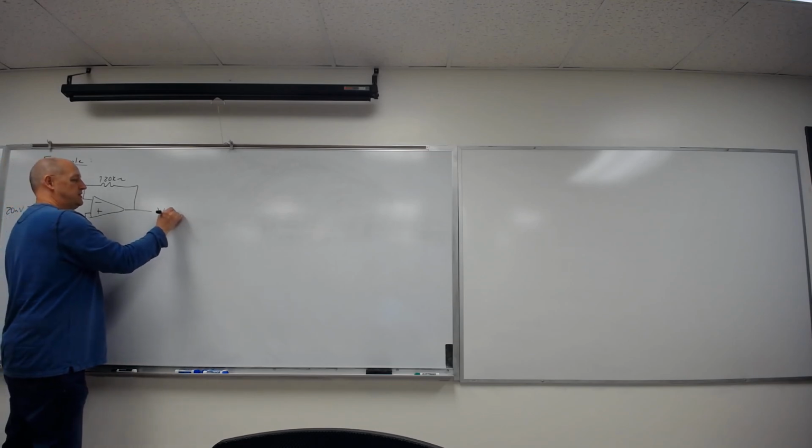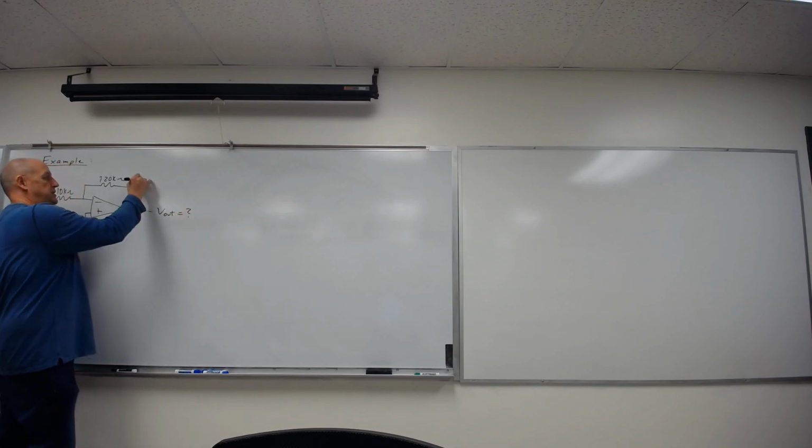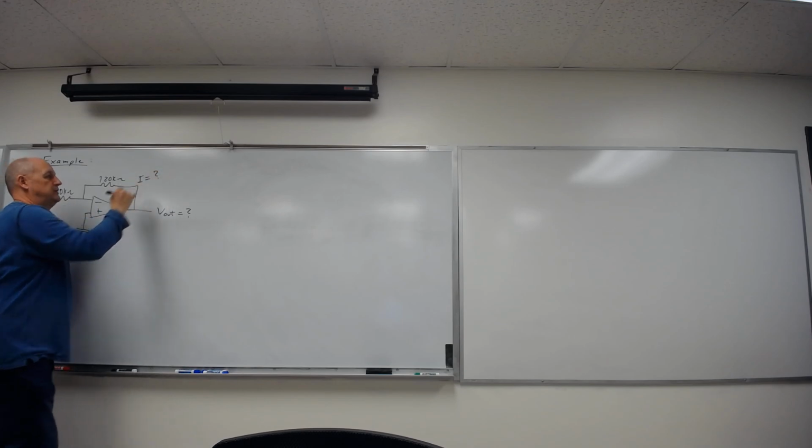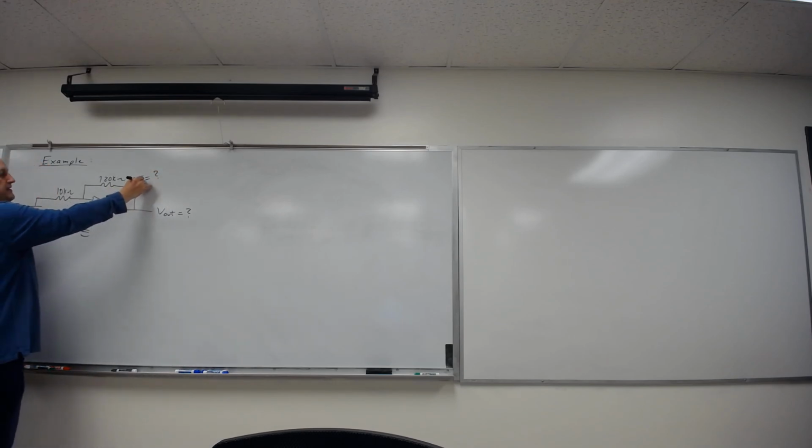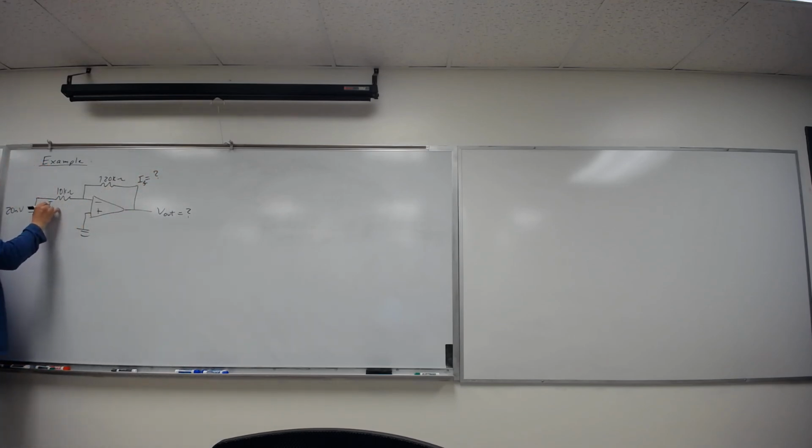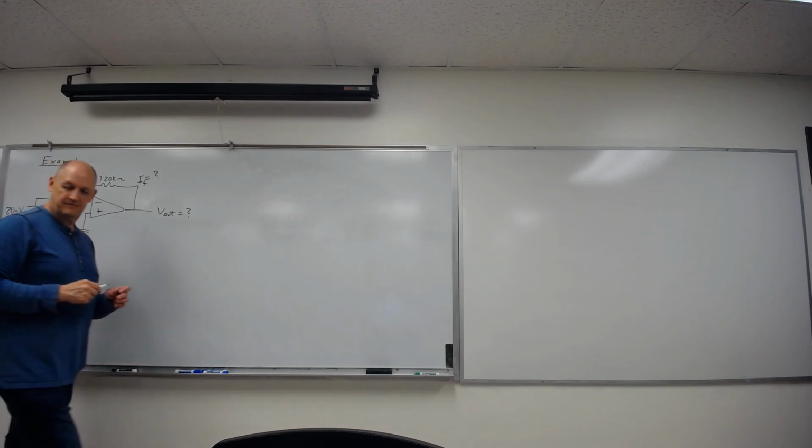What's my output voltage? What's my current through the loop? I call that the feedback current. What's my current in? How would I find those?